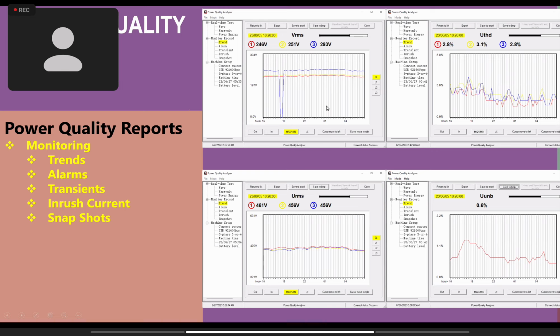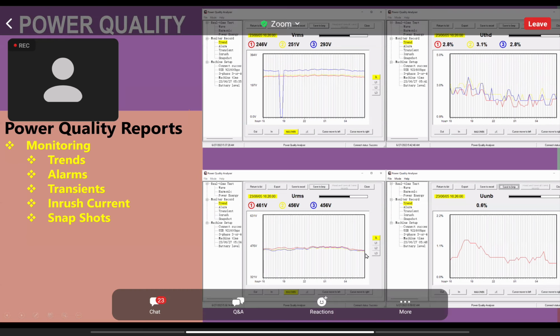Nakita natin yung phase loss ng ating system. Na-measure niya, na-detect niya. Then we can also measure the variation of the harmonics in the 3 phases sa picture number 2, right side, topmost, wherein we can get the maximum and minimum values. Yan. Then we can also get the voltage variation for the whole time nagkaroon tayo ng measurement and monitoring.